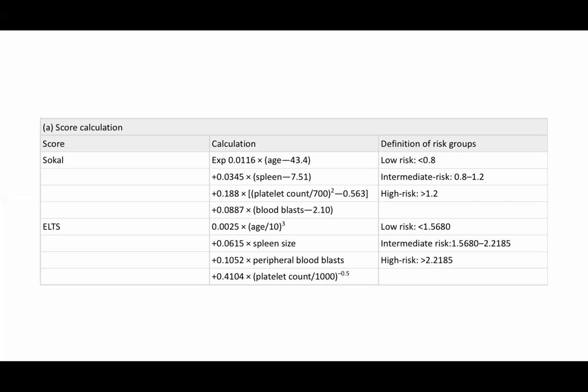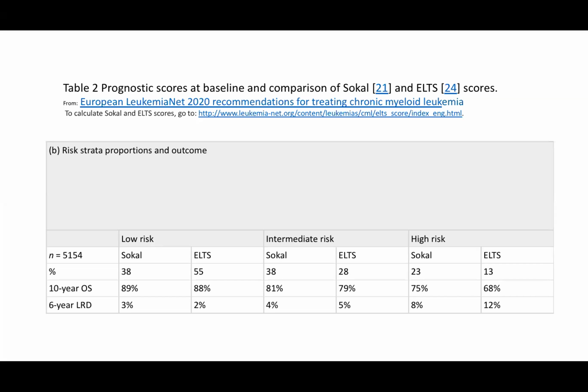So let's move on to the next table, which is about the score. So all of you use ELTS? Yes, sir. Each and every one of you using ELTS. Sokal also? I've been using Sokal so far. Previously it was Sokal, but I usually use the online app. So you get all the scores anyway, and you just note them all down.